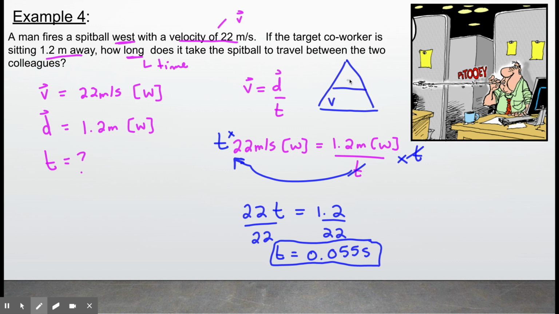V is equal to D divided by T. So if I'm calculating my time, I'm just going to go distance divided by V. Or you can simply memorize or write down on your formula sheet, and with enough practice you might just memorize it on your own, that T is equal to D over V. Okay.